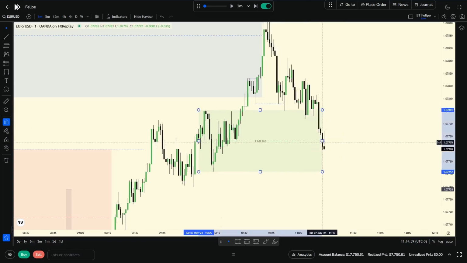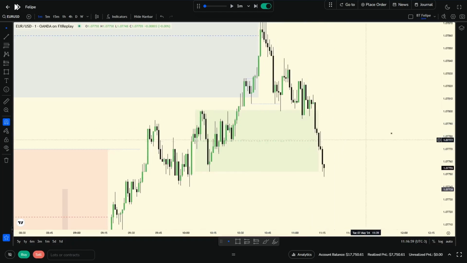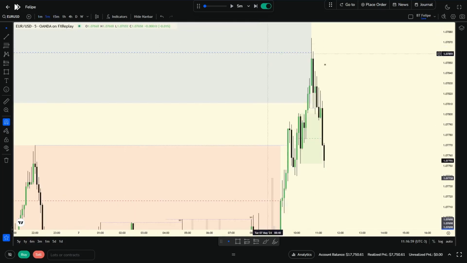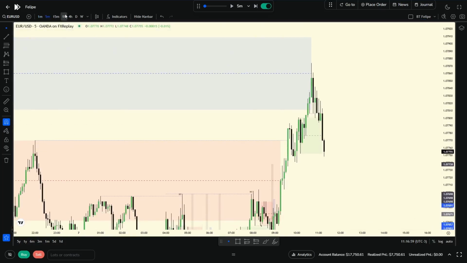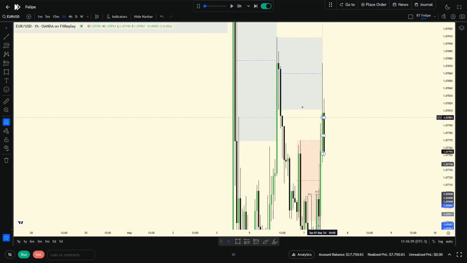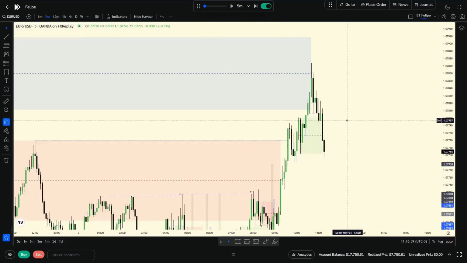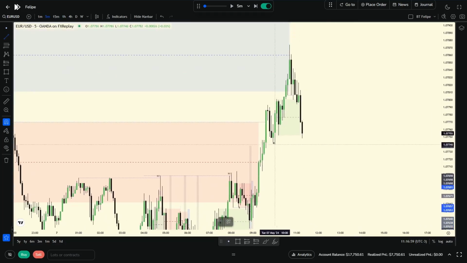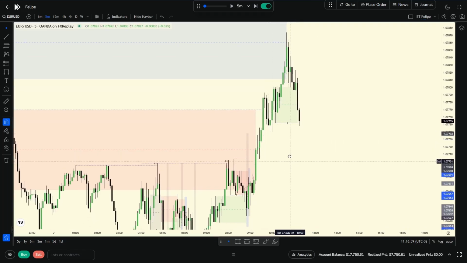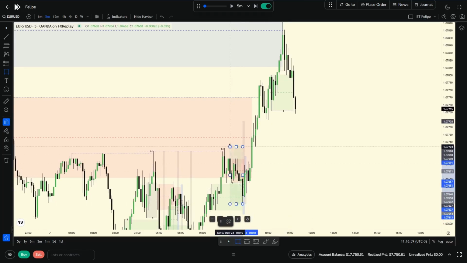Okay, if it gives a nice candle here, ended up giving nothing. I think this POI was correct because it gave a reaction. This is probably going to get taken as well. Then 5 is here. The POI. This will be the POI.